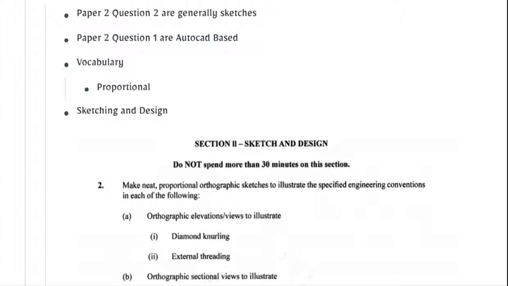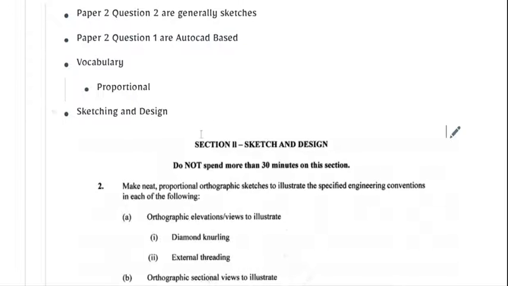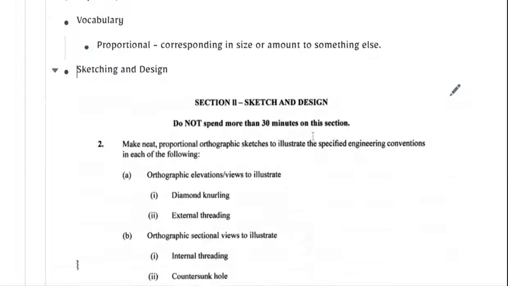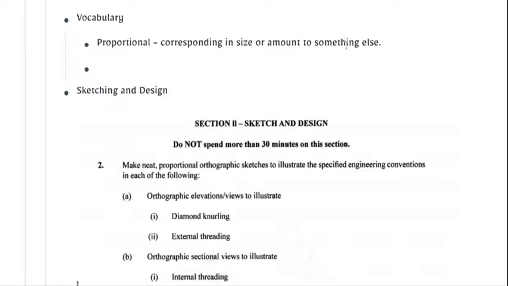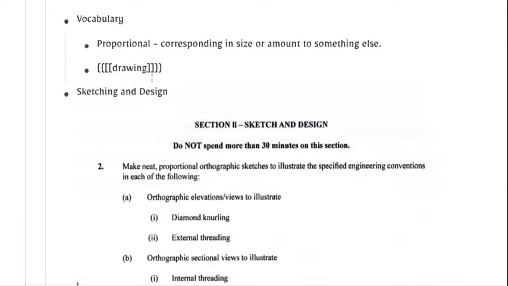Proportional. When you think of a proportional drawing, it's corresponding to size. Here's the definition: corresponding in size, or amounting to something. So if you're drawing to a scale, then every aspect of that drawing is proportionate to that scale. But in regards to sketching, what it's essentially stating is, let me just draw right here.